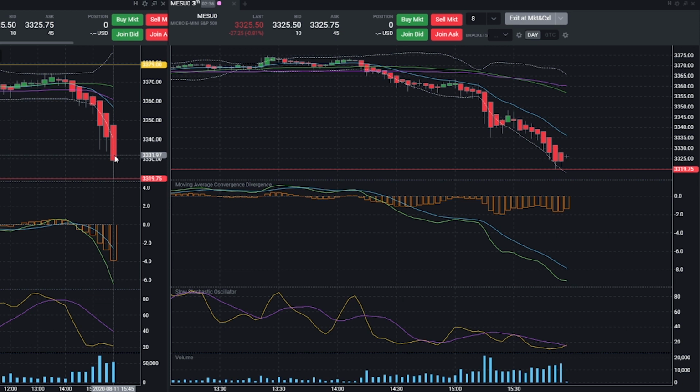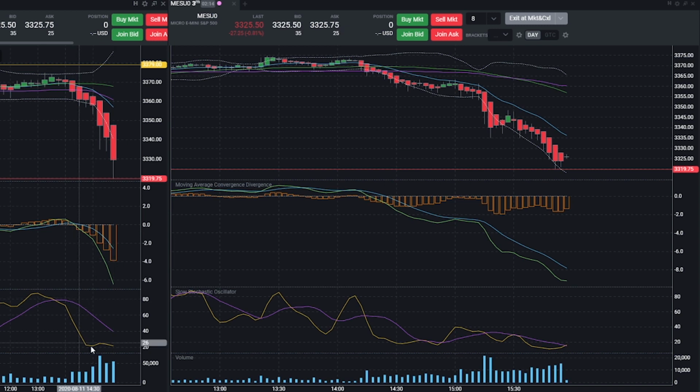Really bad report mixed with really bad news caused a big sell-off. NASDAQ, S&P, both of them were just crashing. And so as you can see, the stair-step pattern on the 15 stayed consistent.